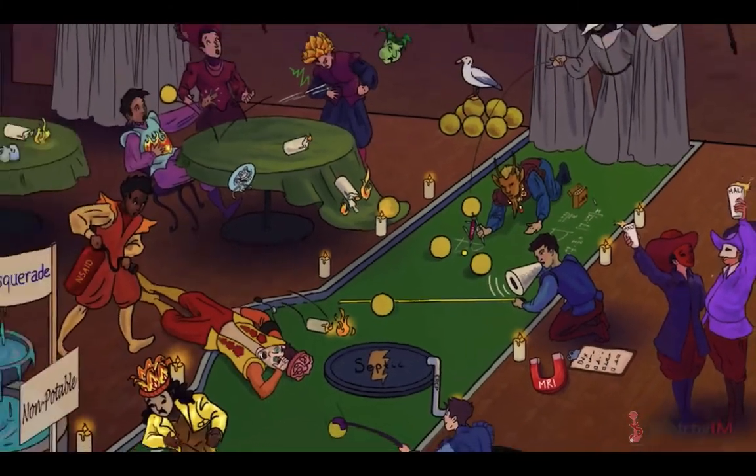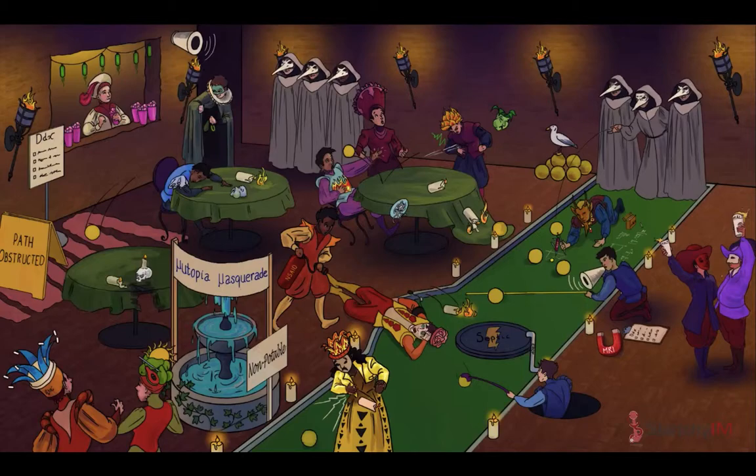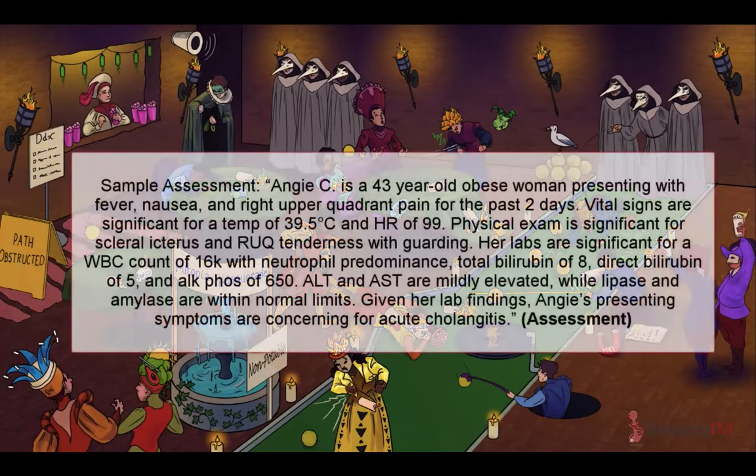Alright, let's sum up the presentation of acute cholangitis in a sample assessment statement. Angie C. is a 43-year-old obese woman presenting with fever, nausea, and right upper quadrant pain for the past 2 days. Vital signs are significant for a temp of 39.5 degrees Celsius and heart rate of 99. Physical exam is significant for scleral icterus and right upper quadrant tenderness with guarding.